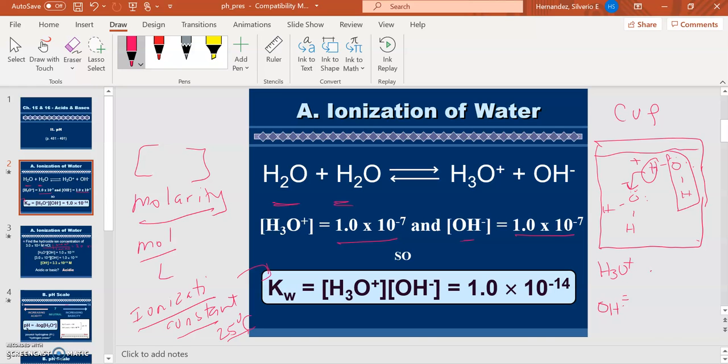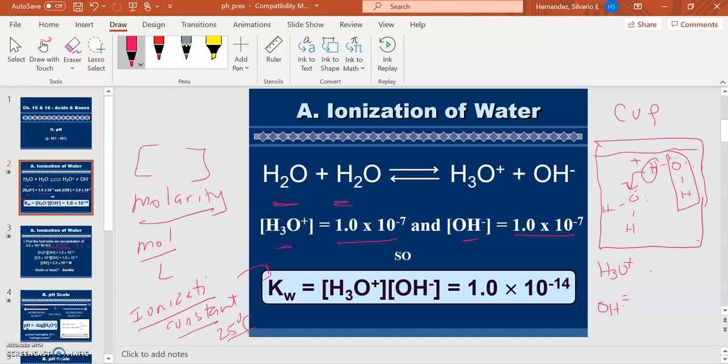When you see these ions in brackets, such as they're written here, that's talking about a molarity. And molarity in a previous unit we said was the number of moles in a liter of solution. So this is the number of moles of these two ions that are found in a liter of that water.